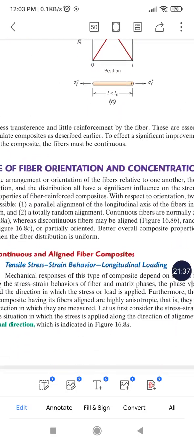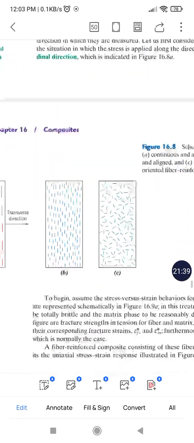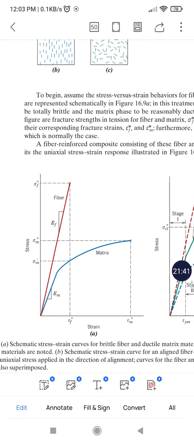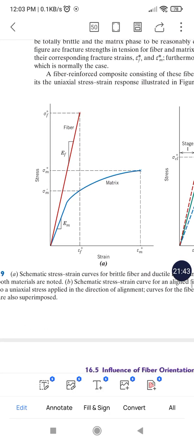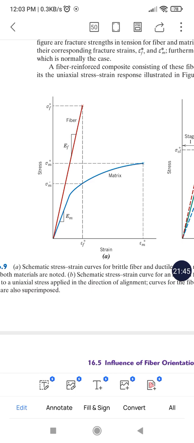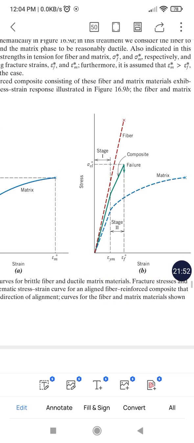Okay, only this much we need to study. If you wish to study a little bit more, you can see this picture also. You need to remember this picture: stress and strain of fiber alone, matrix alone, and the composite. You can see the green line is the composite. We will get an intermediate value of the stress strain relationship there.